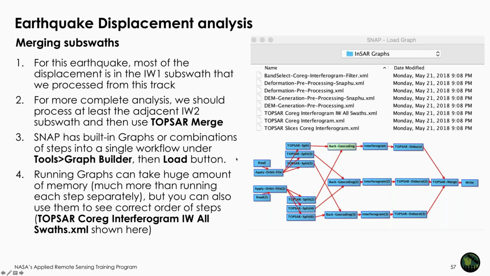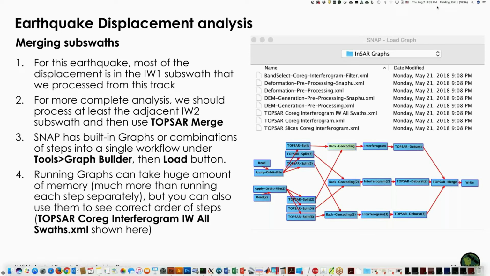One of the other things in SNAP that I use is this InSAR graph, load graph. It's a whole workflow of a bunch of steps together that you can run, and this shows how the steps are done. So you need to do these same steps in this order. There's that co-registration step that does the splitting and the back geocoding. You need to run that on the 3 different subswaths.